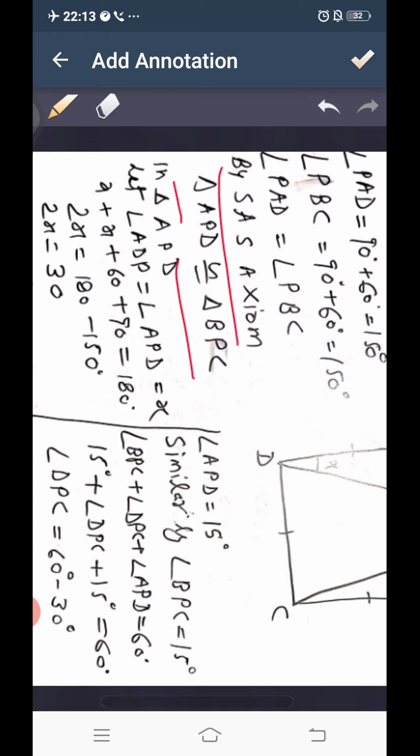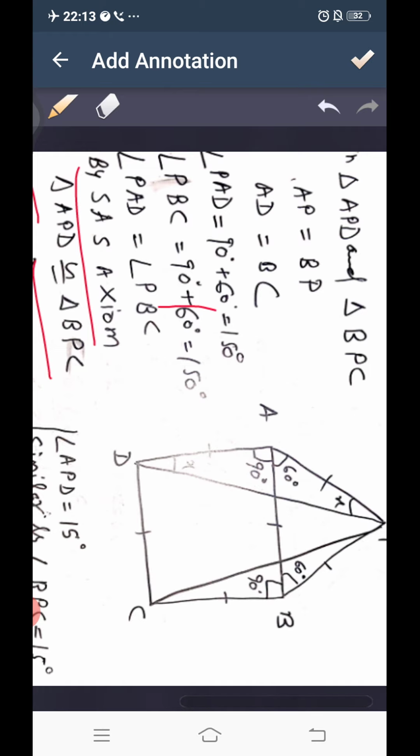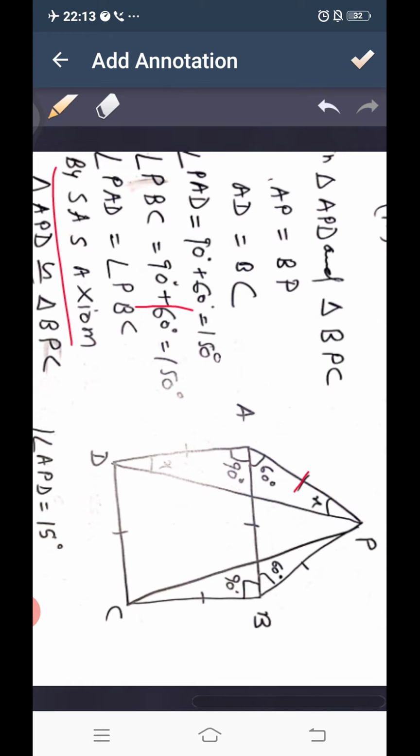Then in triangle APD, let us see again, in this triangle this side is equal to this side, so these two angles will be equal. Base angles of isosceles triangles are equal. Let these angles be x.